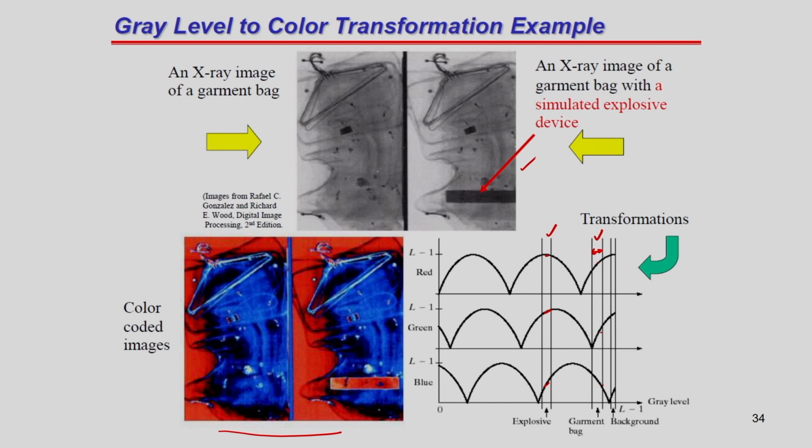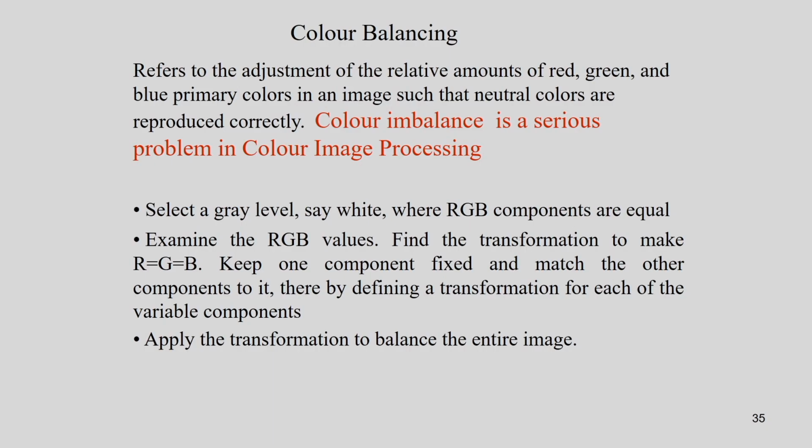So you can understand the concept of this transformation, and by using this transformation I can convert the grayscale image into color image. Next important point is the color balancing.